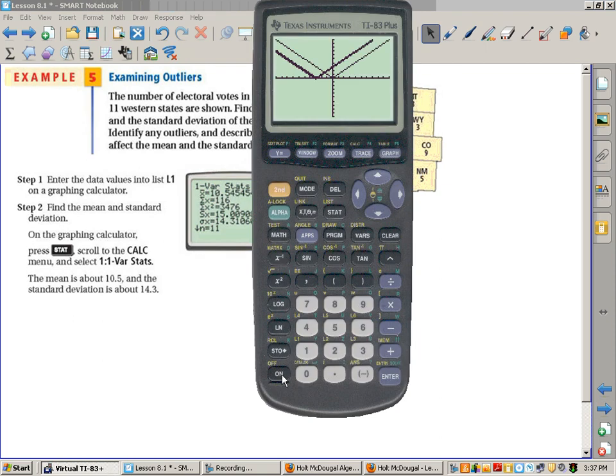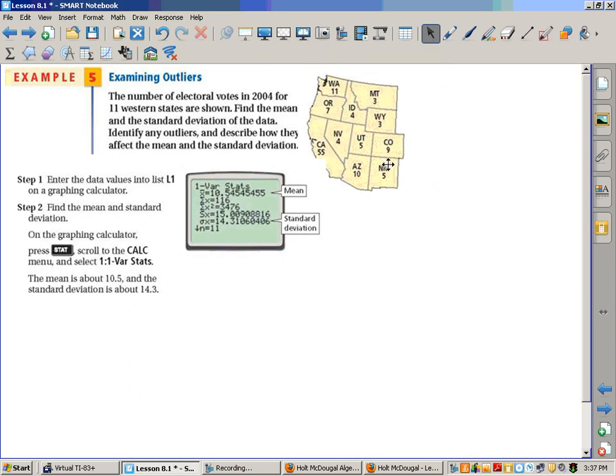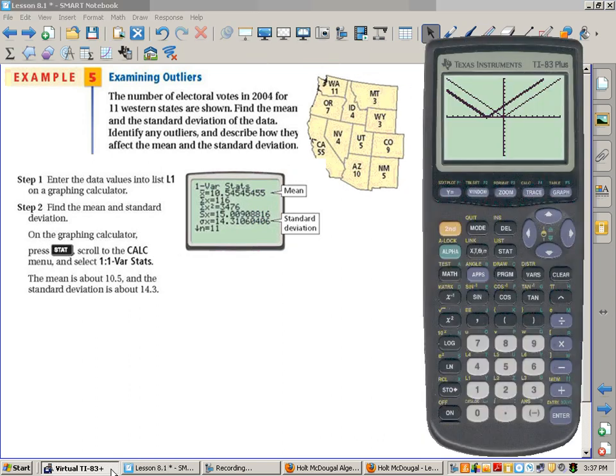The first thing we're going to do in this graphing calculator is enter these values into list 1.